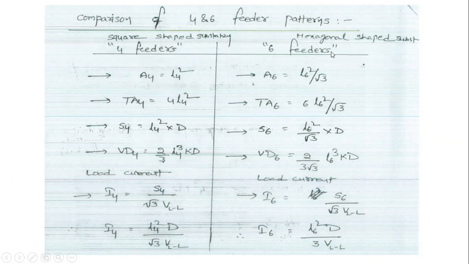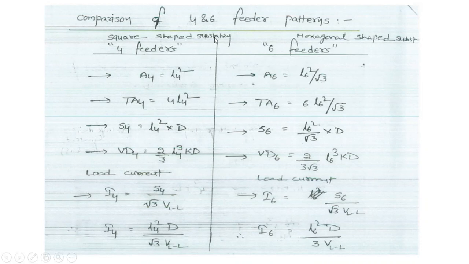Then for 6 feeders, in the hexagonally shaped distribution system, the area for a single feeder is L6 square by root 3. Both the square shaped and hexagonal feeder derivations were done in the previous class.